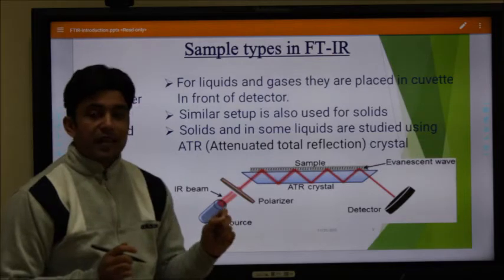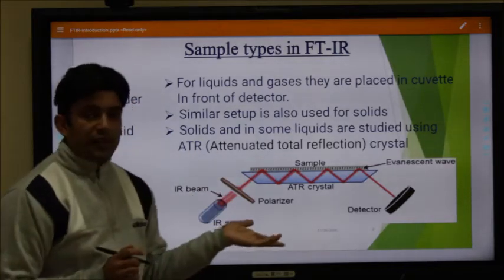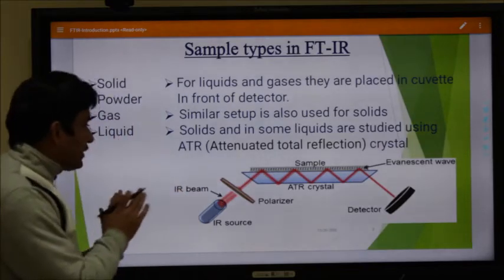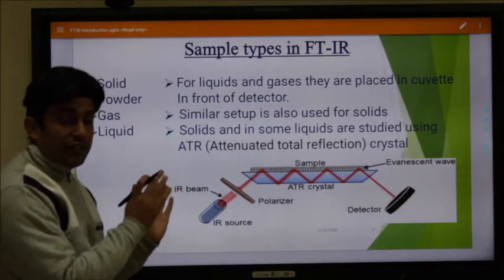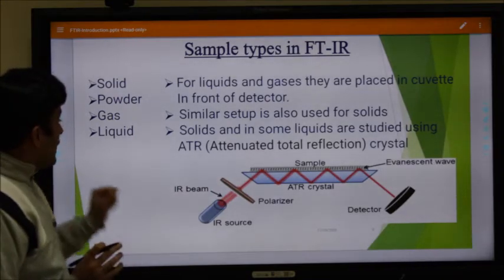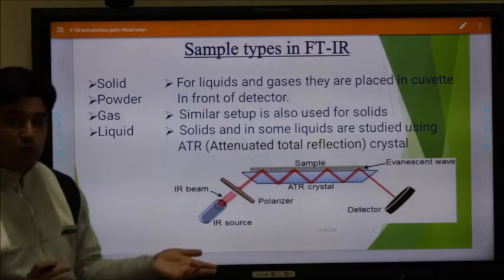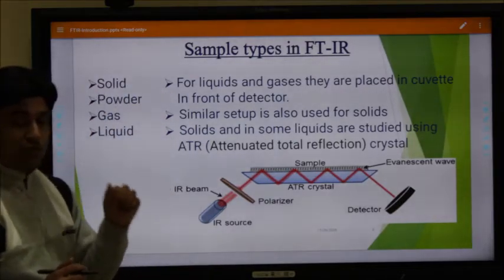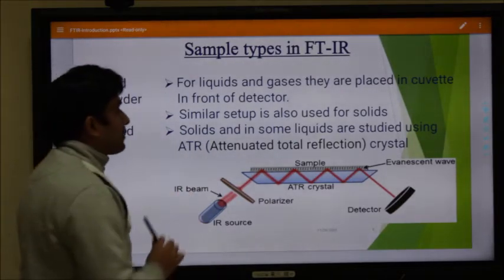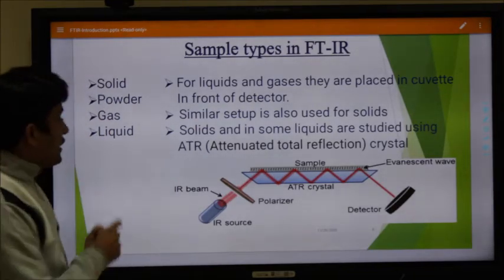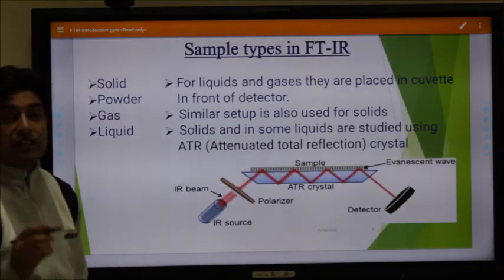Liquids and gases are placed in a cuvette in front of the detector. Light passes through it, goes to the detector, and finally we get the data. A similar setup is used for solids, but solids and some liquids are studied using an attenuated total reflectance crystal.